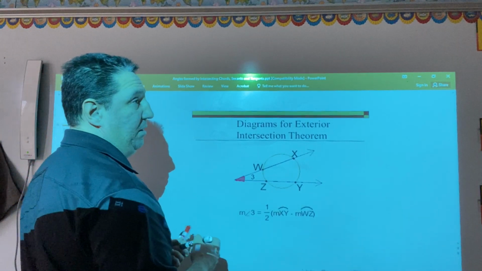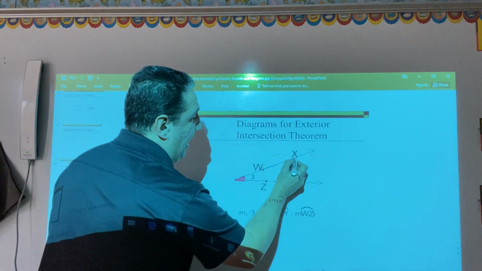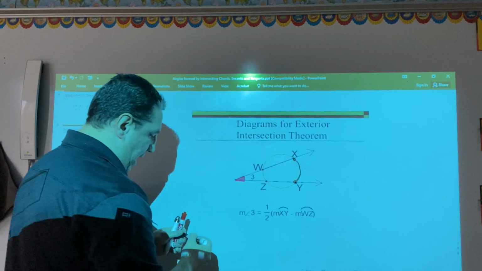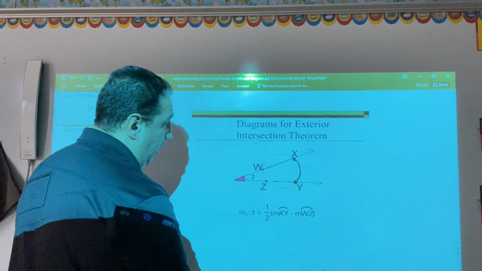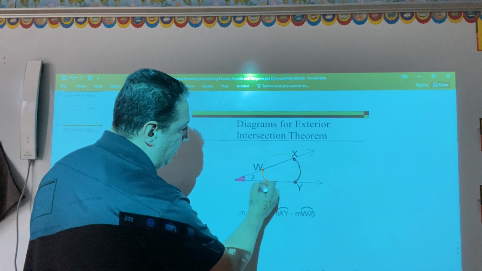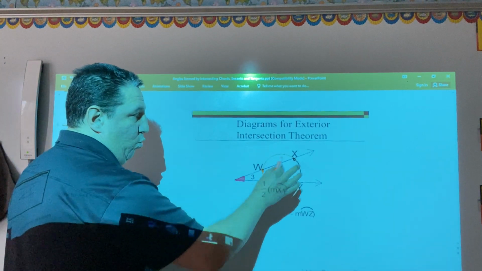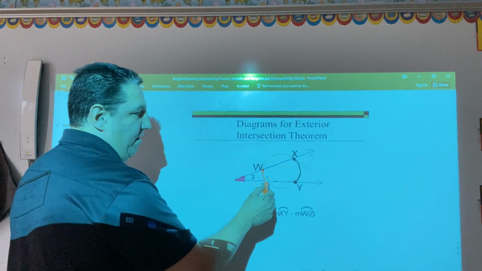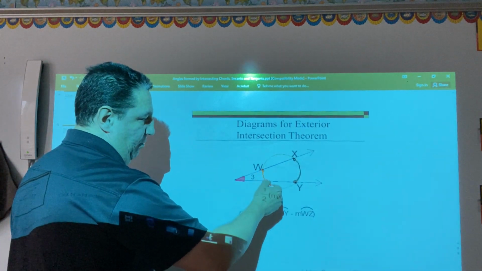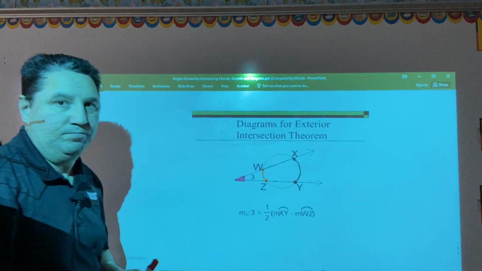What are the intercepted arcs? Arcs XY and WZ, right? So we subtract arcs XY and WZ and divide by 2.